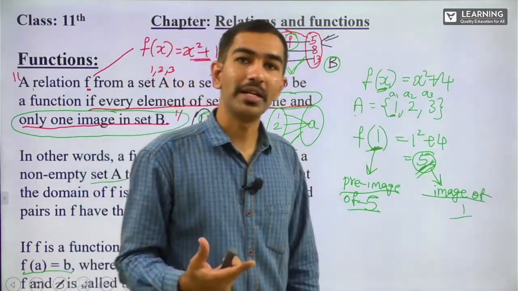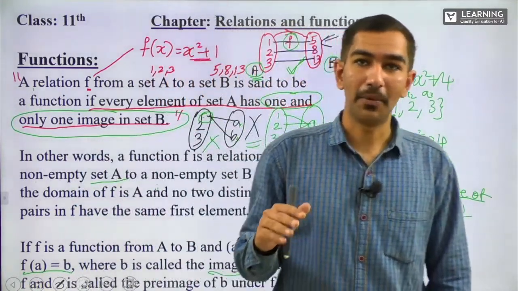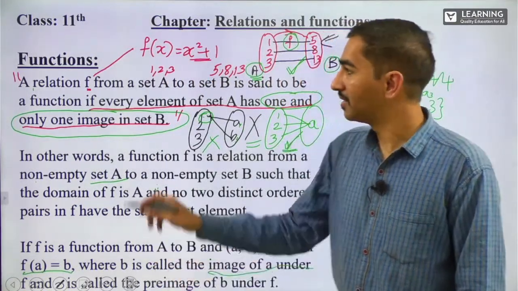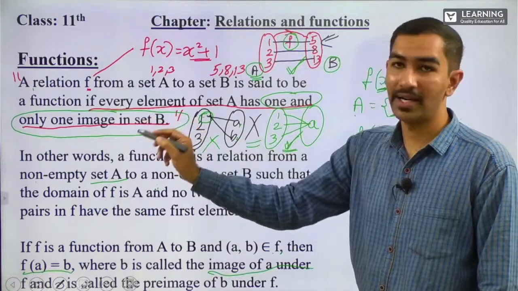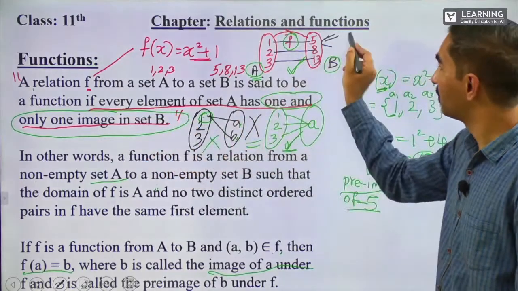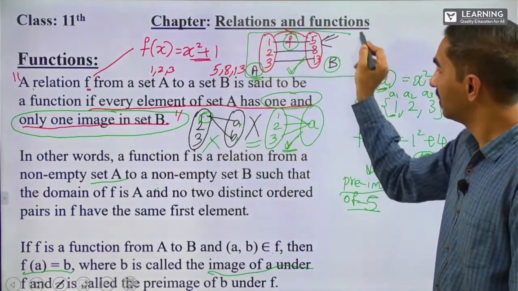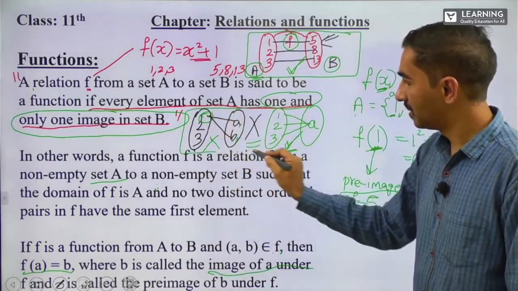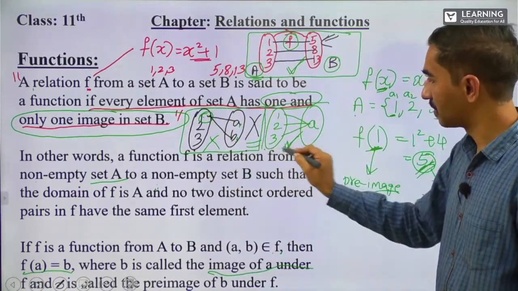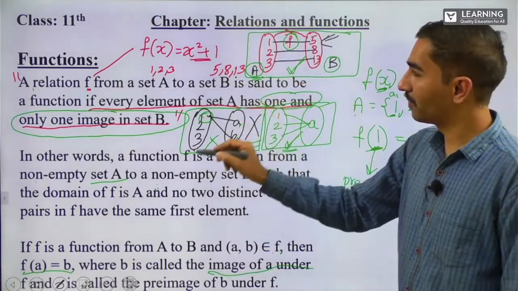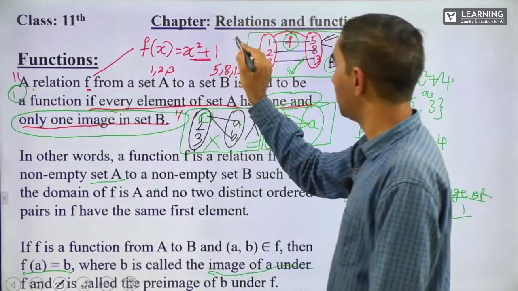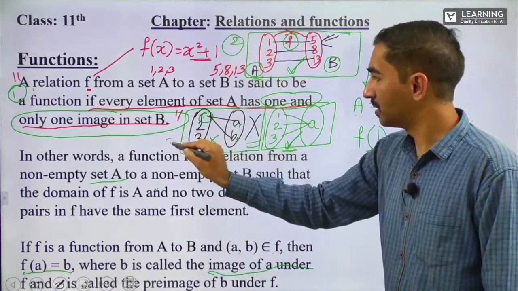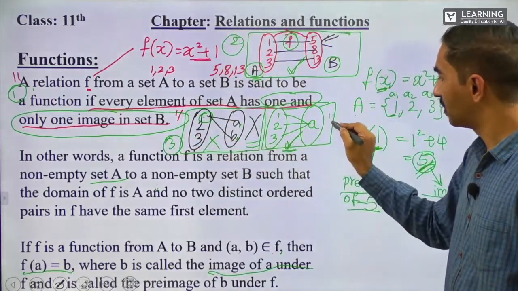Okay, so this is called as a function. So students, the point to be noted down here is the very first definition, the green color, whatever I highlighted. Apart from this, understand this example, understand this example, and understand this example. So these three things, or 4 things we can take. So this is number 1 you take, this will be number 2, number 3 this box, and number 4 this box.